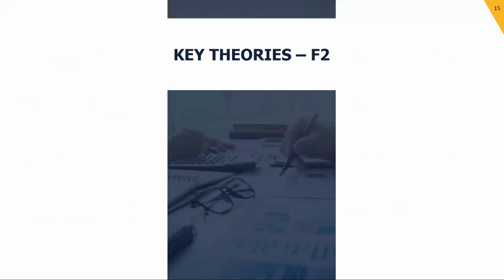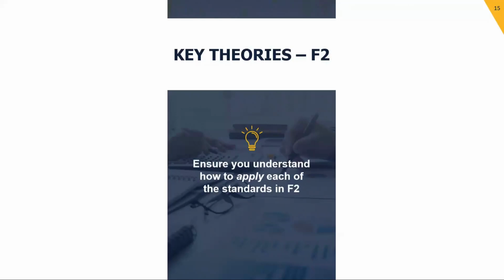Let's move on to F2. Now, really important here that we understand that whilst F2 is not the lead paper, you are likely to get 2 requirements of the 8, possibly 3, which are from F2. Now, the examiner regularly says that the F2 requirements are the ones that are done badly.